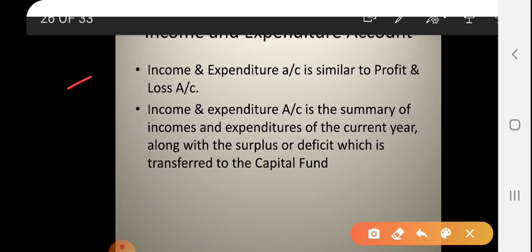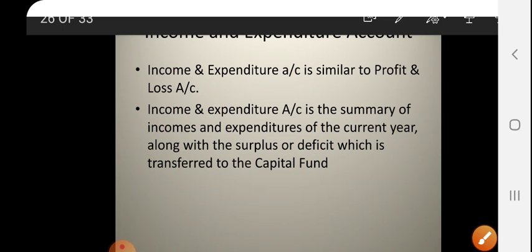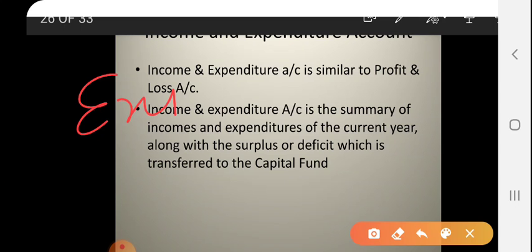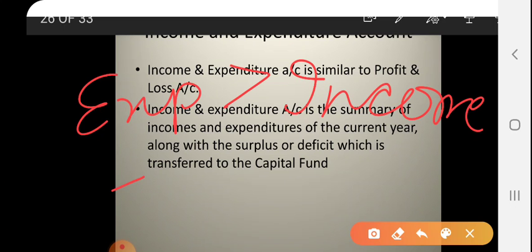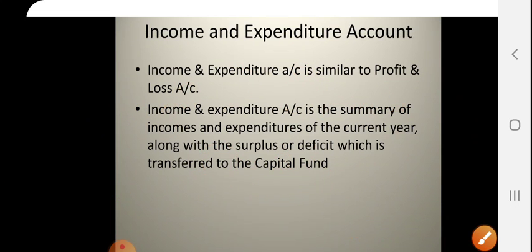If income is more than expenditure, it is known as surplus, and if expenditures are more than income, the result is known as deficit, and both the surplus and deficit are transferred to capital fund.